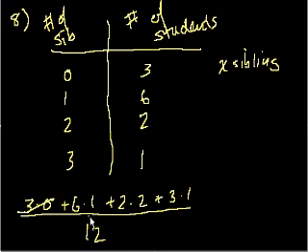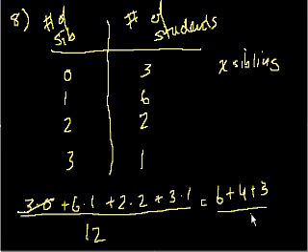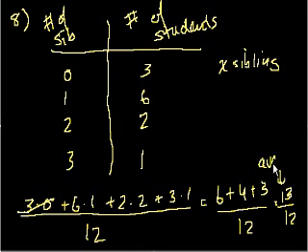This equals 6 plus 4 plus 3 over 12, which is 13 over 12, which is 1 1/12. So before this new student joins, the average is 1 1/12.